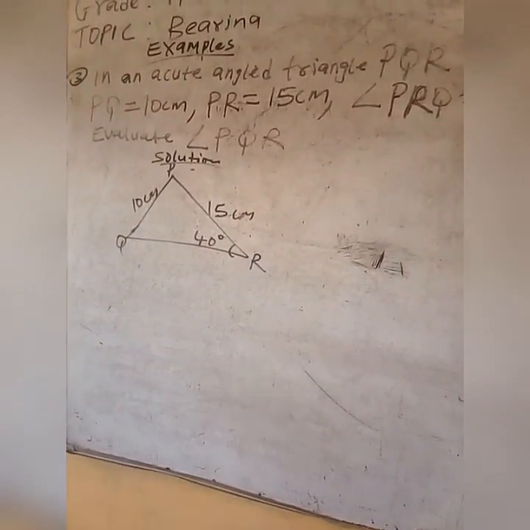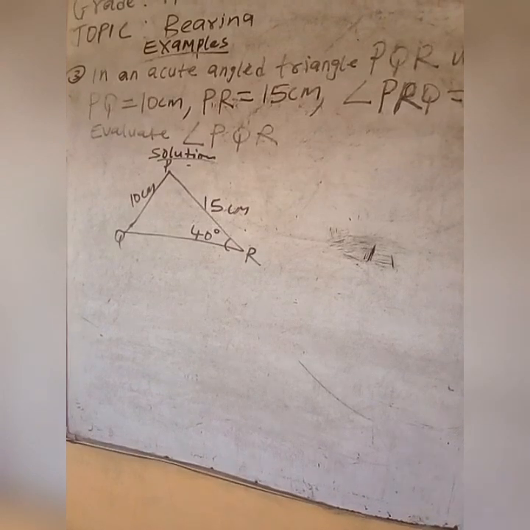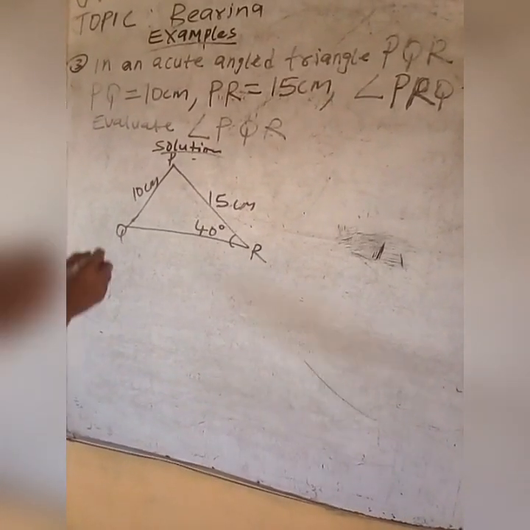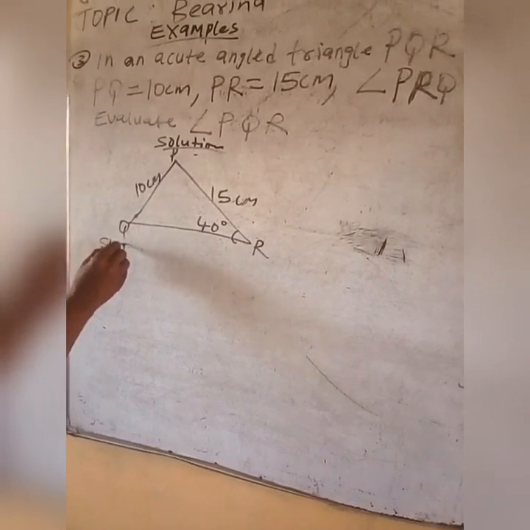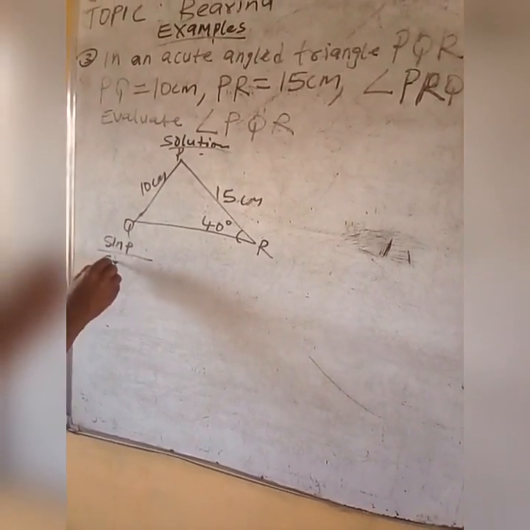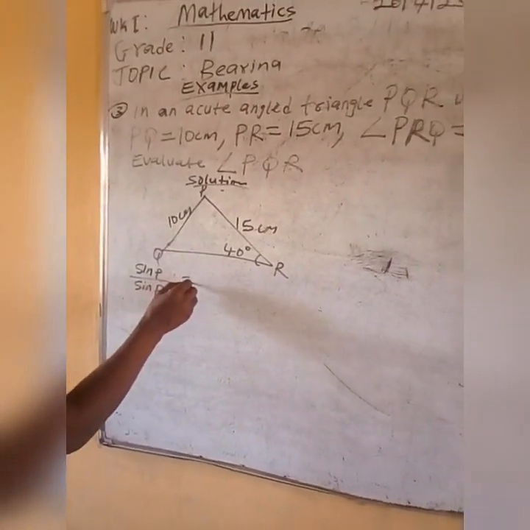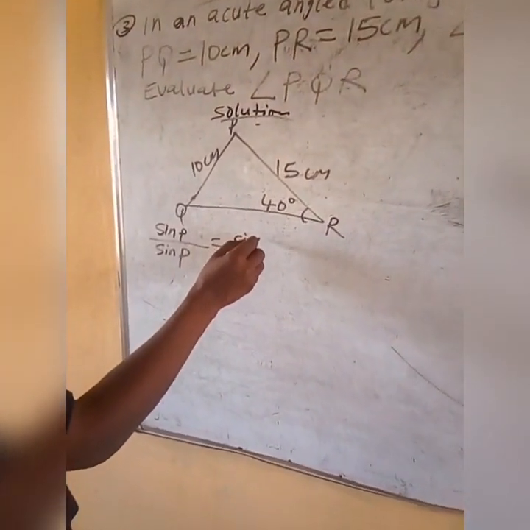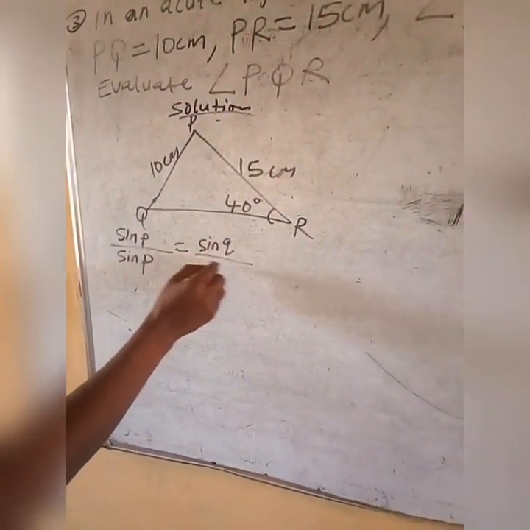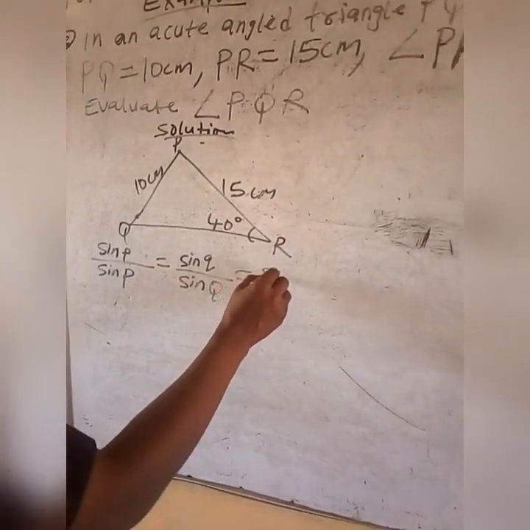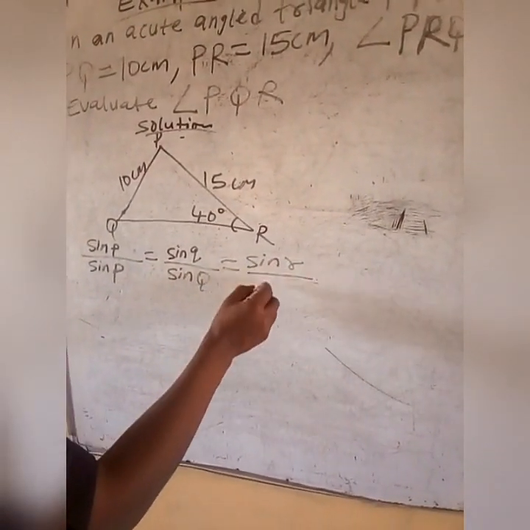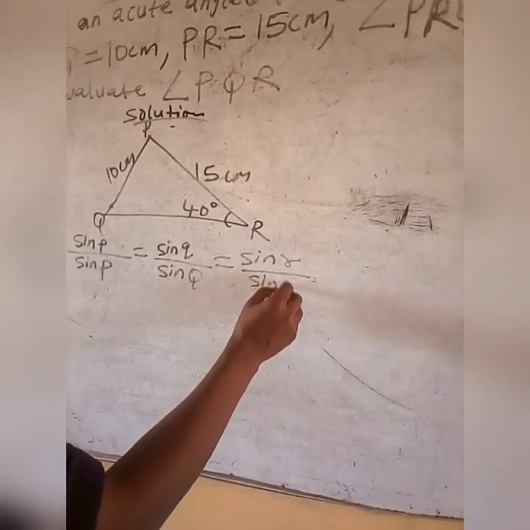Now, if I want to use the sine rule, it is: small p over sine big P equals small q over sine big Q equals small r, the side, over sine big R.